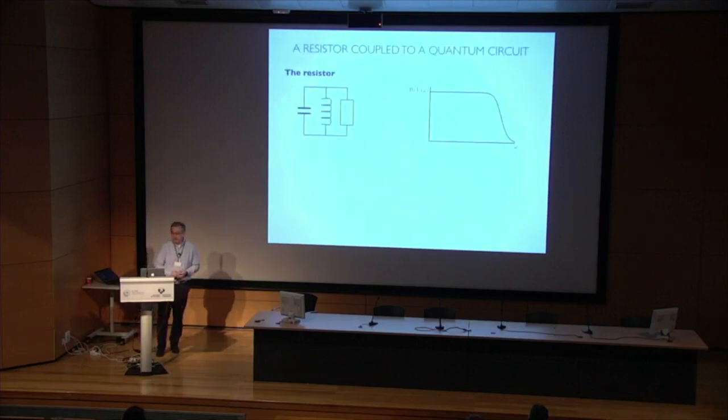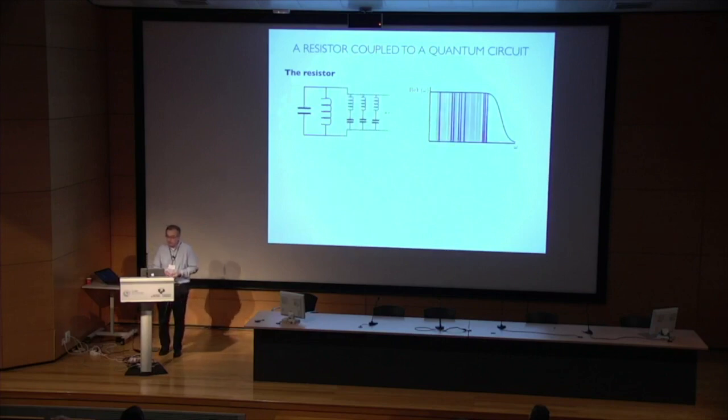The dissipative part is very well known because, as you know, if I have a constant resistance, then the real part of the admittance is going to be a constant for all omega. So the idea is, I have some oscillator, and then I put in some other oscillators. To each oscillator, I will have some contribution at a particular frequency.